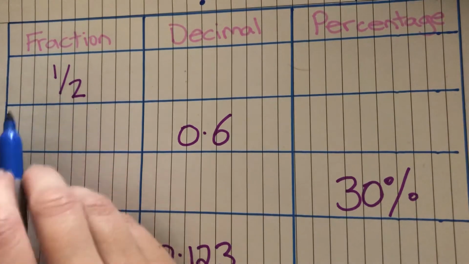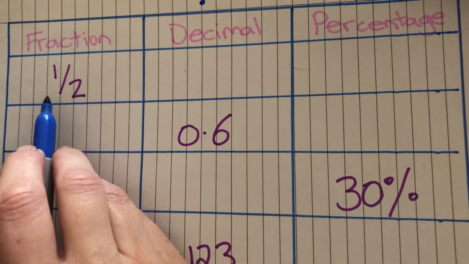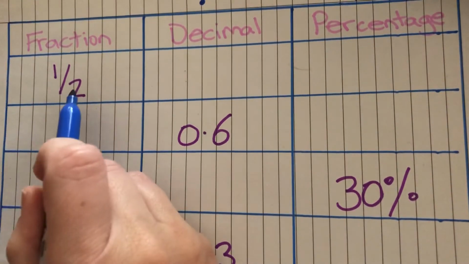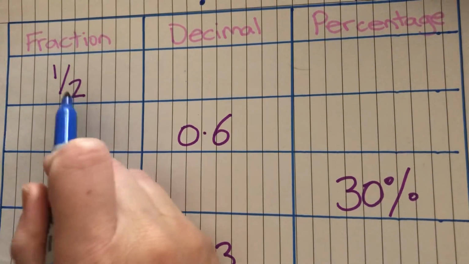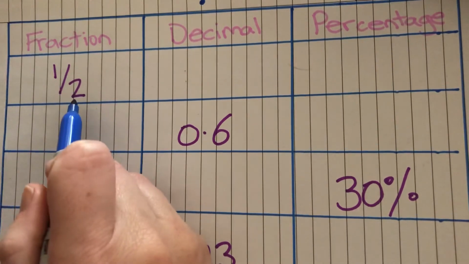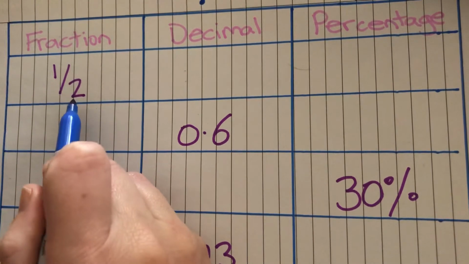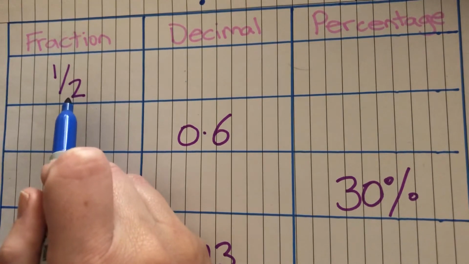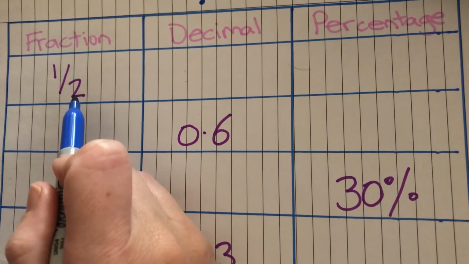So if we've got 1/2, for example, to work out our decimal and our percentage, we need to work out how many parts of 100 it is. So the first thing we need to do is look at turning our denominator, our number on the bottom, into a 100. It's really easy if we can do that, okay?